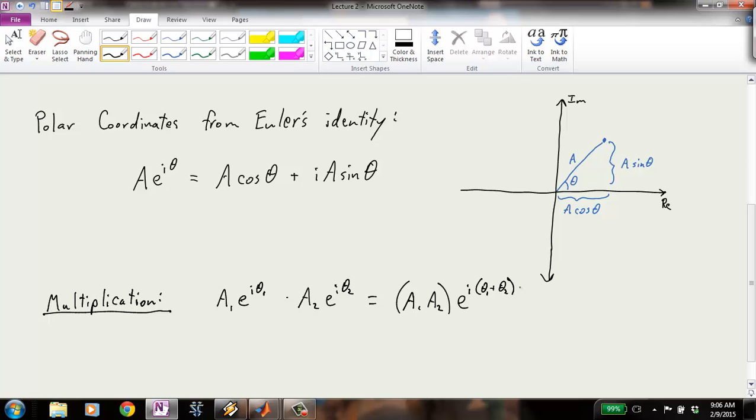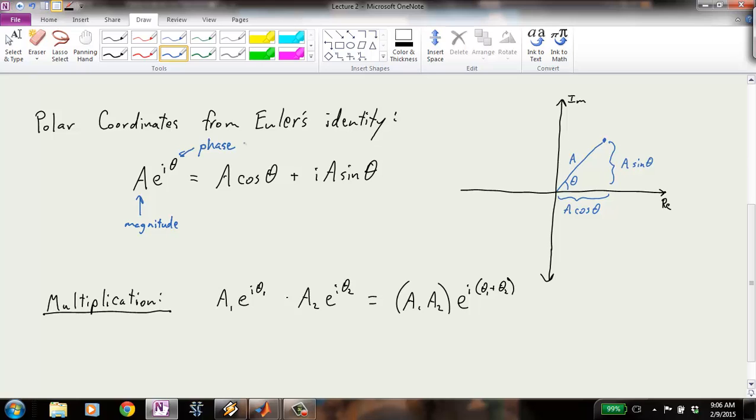So the magnitudes, the lengths, just multiply and the phases just add. We'll call this the magnitude, and this is the phase.